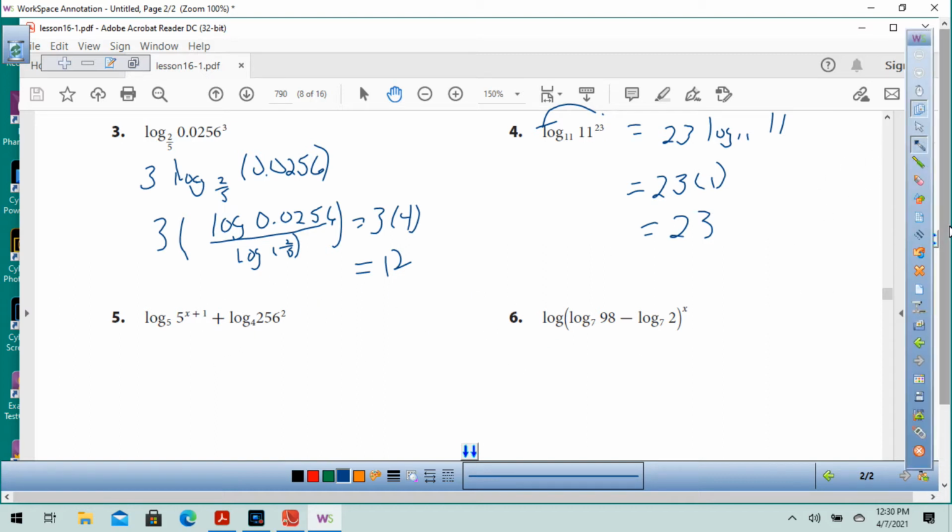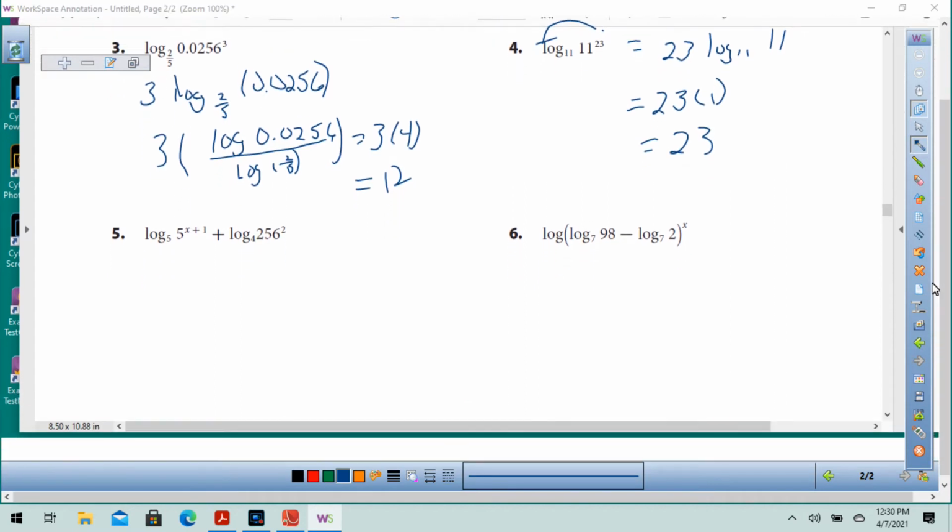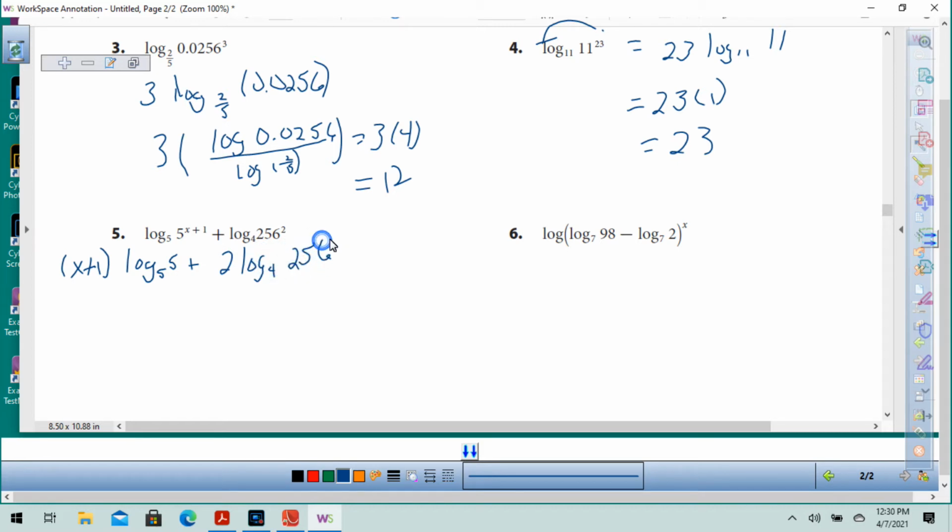Number 5. Might need a little extra room here. I'm going to move this x plus 1 up front. I can do that with the exponents. And log base 5 of 5 plus, and see these have different bases, so I can't multiply them. And then I move that 2, and that's going to be log base 4 of 256.